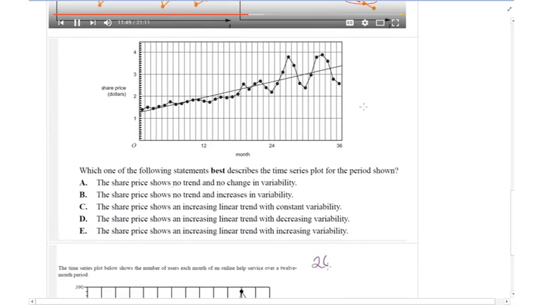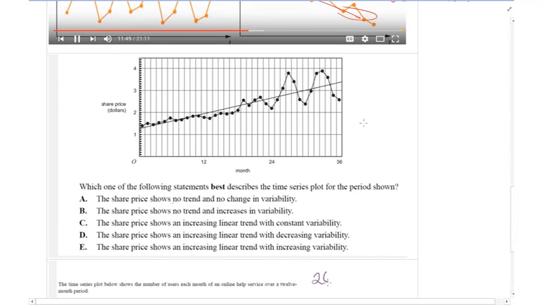Oops. So this, it says which one of the following statements best describes this time series plot for the period shown. You can rule out A and B because we do have a trend. We have a positive trend, so that's an increasing linear trend. We can get rid of A and B because those say no trend. Then it comes down to these points here.